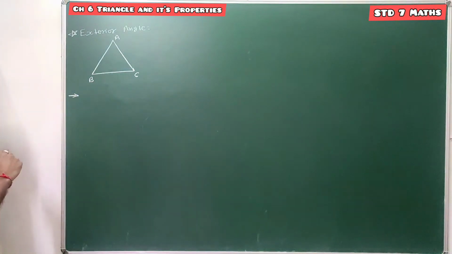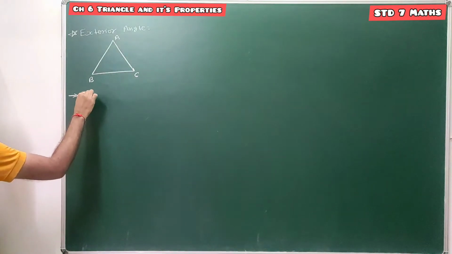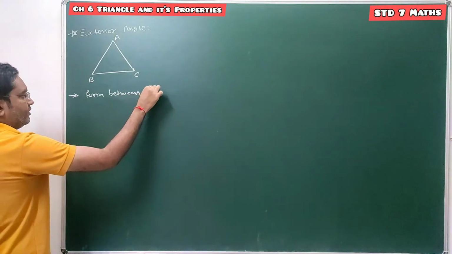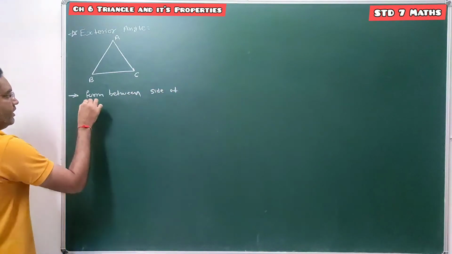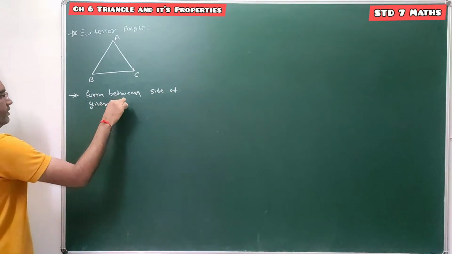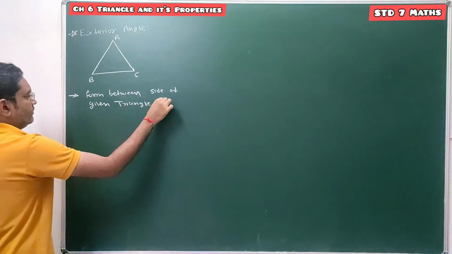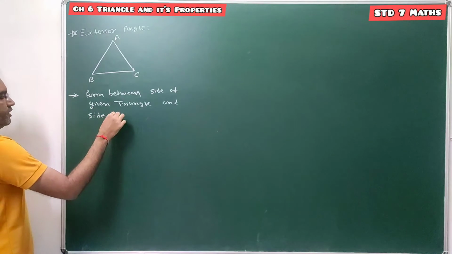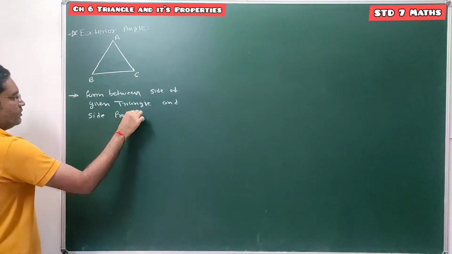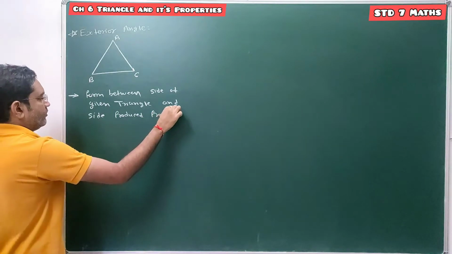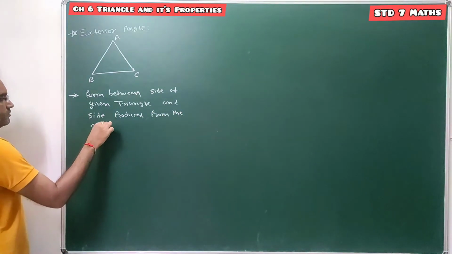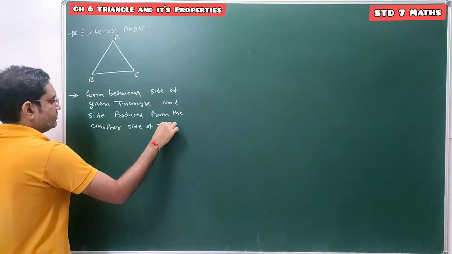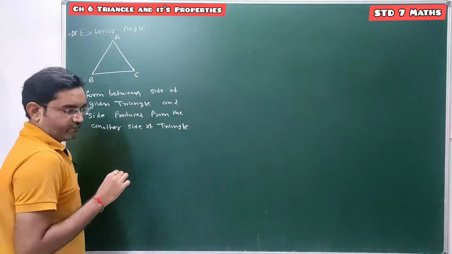The exterior angle is always formed between a side of the given triangle and another side which is produced from another side of the triangle. That is the first important point.